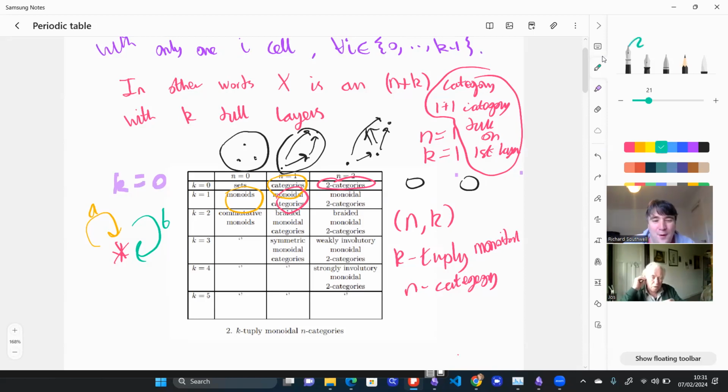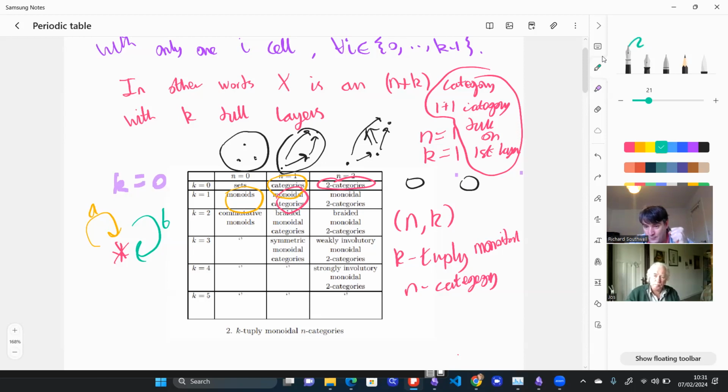Okay. So what we've been... I've a word. What is tuple? Does that mean something? Yeah, it's like many times. So one tuple would be once, two tuple would be twice, three tuple would be three times. So the idea is that a monoidal category you could think of as a high dimensional structure, but it's just dull on the bottom layer.